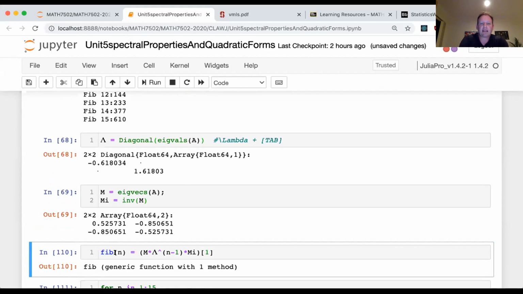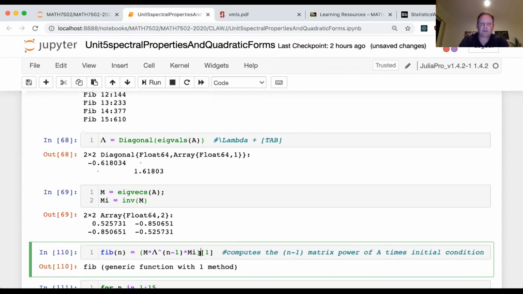And then here is our formula for Fibonacci. We do M times lambda raised to the n minus 1 times Mi, just like we wrote on the iPad before, and we take the first coordinate. So this computes the n minus 1 matrix power of A times the initial condition, which happens to be 1, 0.